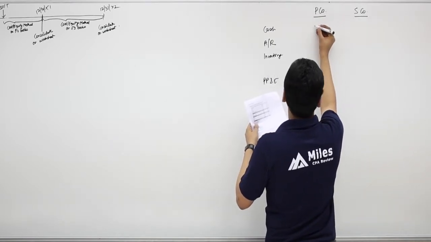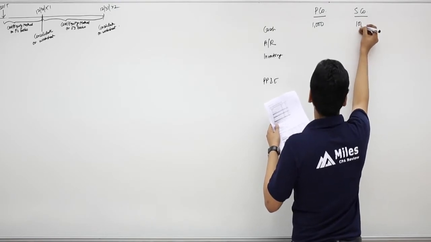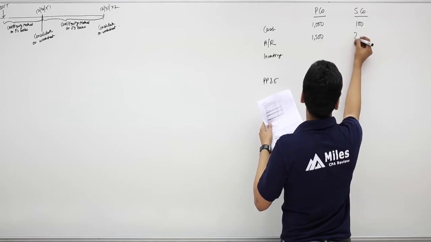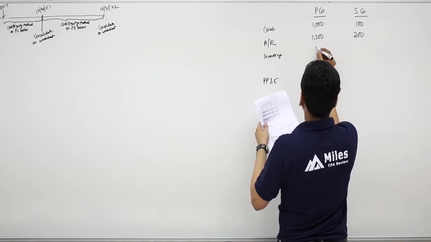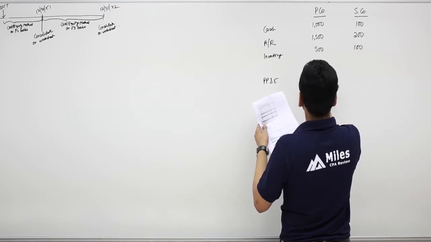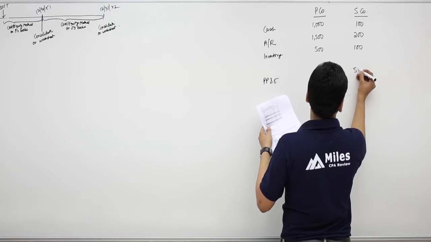The parent has cash of $1,000. Subsidiary's got only $100, a smaller company. Receivables of the parent, $1,500, subsidiary $200. Parent's got inventory of $500, subsidiary $100. Equipment of the parent, book value $8,000, subsidiary $500.